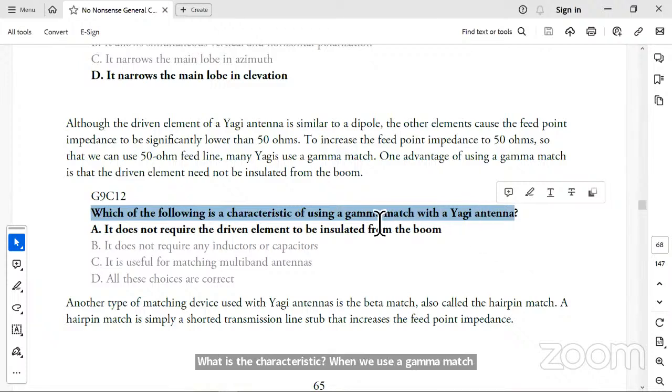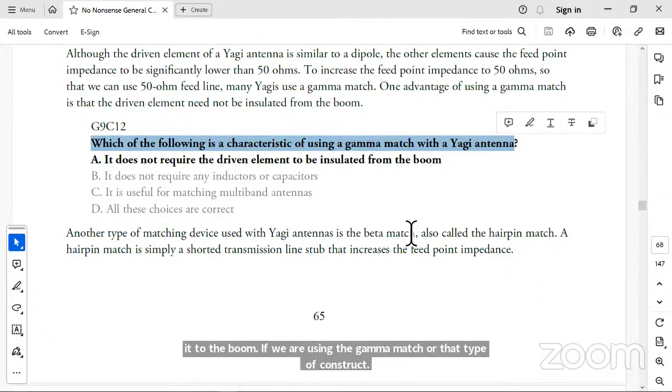Well, what it allows us to do is mount the driven element directly on the boom, and we do not have to insulate it from the boom. So we can rivet it on, we can fix it to the boom if we are using the gamma match or that type of construct to increase the impedance. All right.